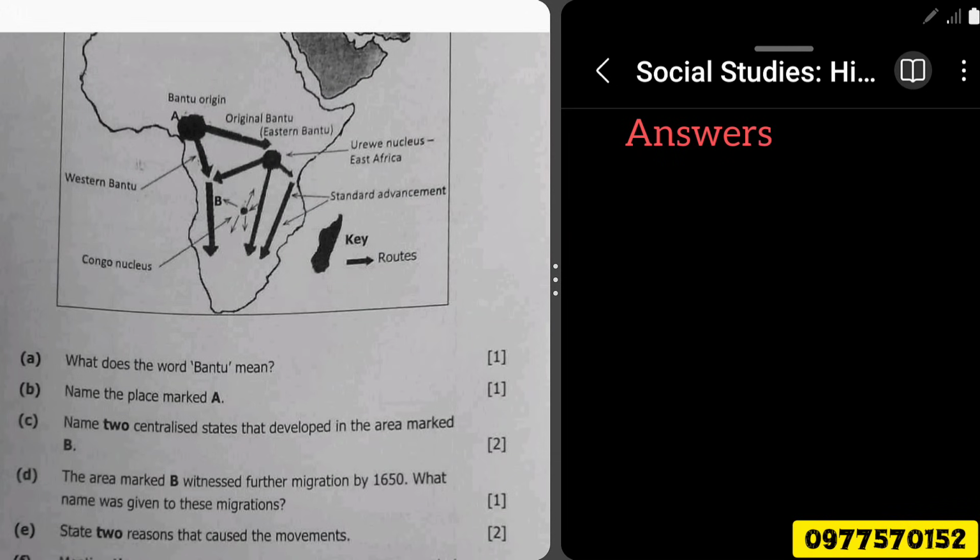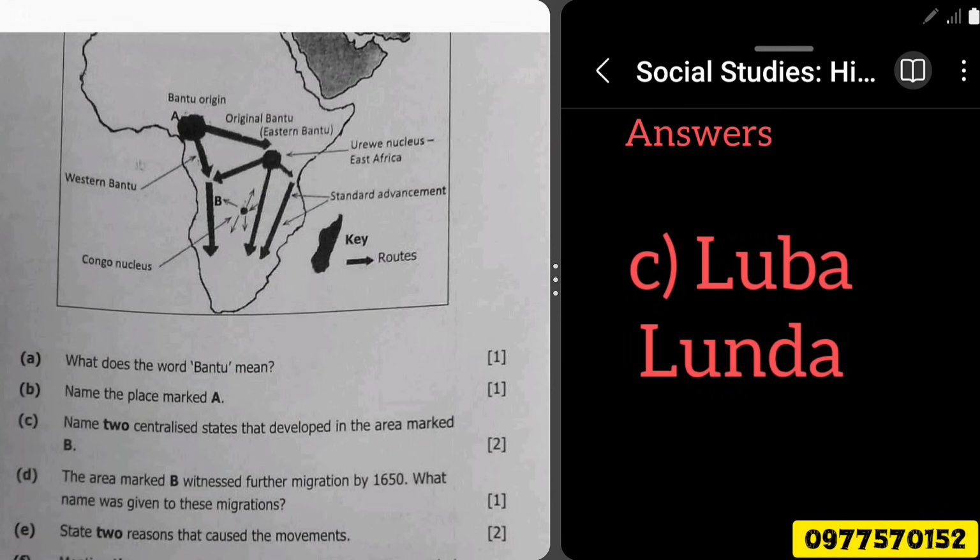Name two centralized states that developed in the area marked B. The Luba and the Lunda.